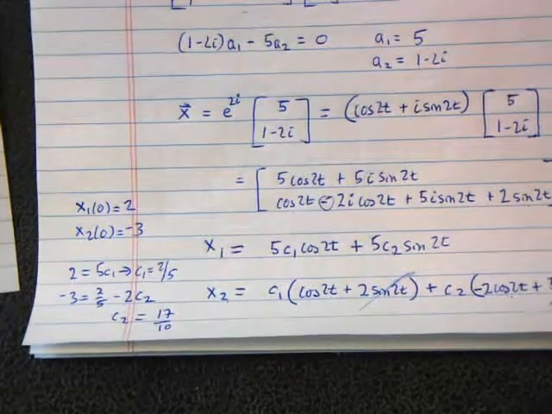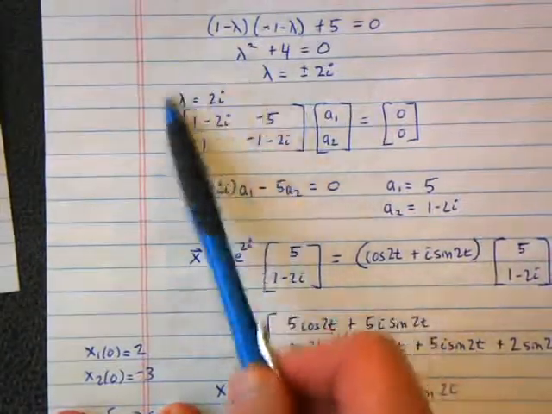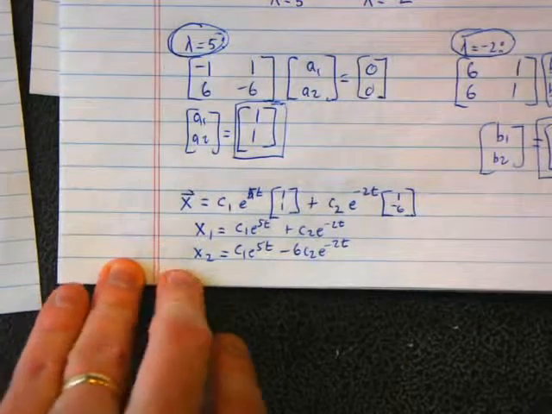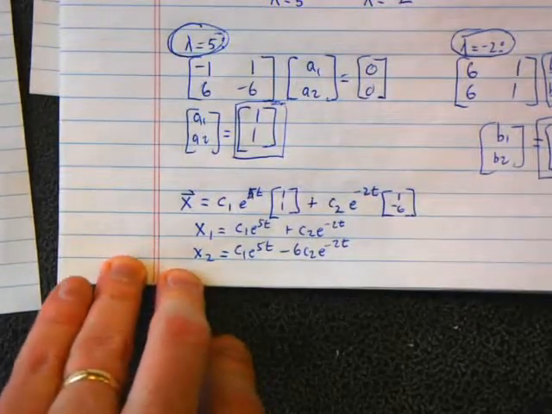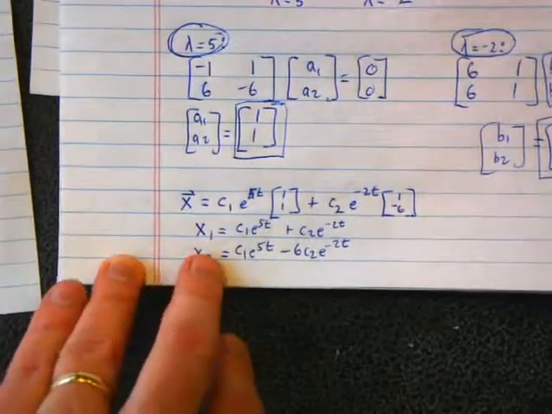Giving you initial conditions when you end up with complex solutions for your characteristic polynomial is actually easier than giving you initial conditions when you end up with real solutions. It makes sense because the 0 causes the sines to disappear and causes the cosines to be 1. So you don't really end up with a system of equations.